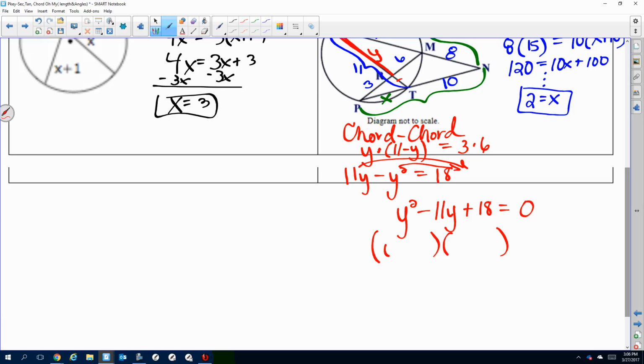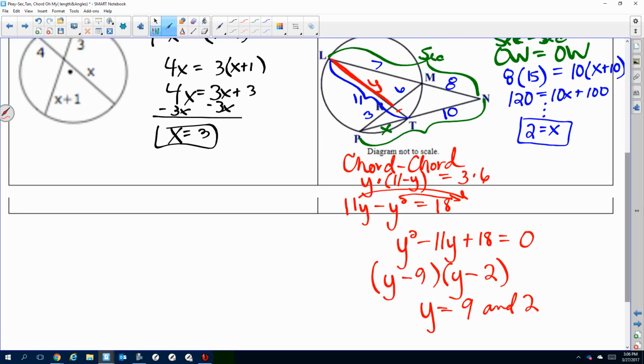We want factors of 18 that have a sum of negative 11. So negative 9 and negative 2. So y equals 9 and positive 2. That means LR would be the 9 part, and then RT would be the 2.